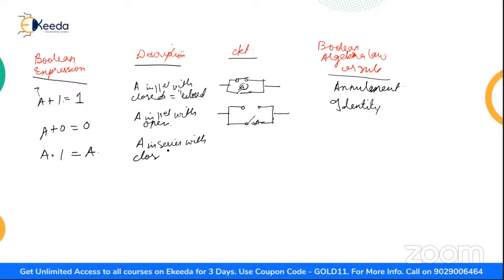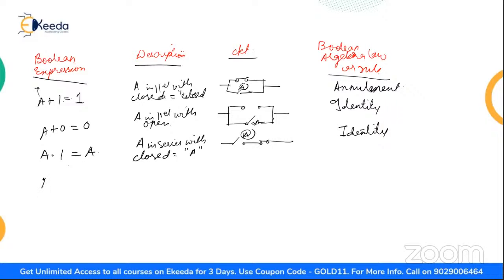I will say 1 means closed, that is equal to always A. So A in series with closed is always A. This is also called identity.